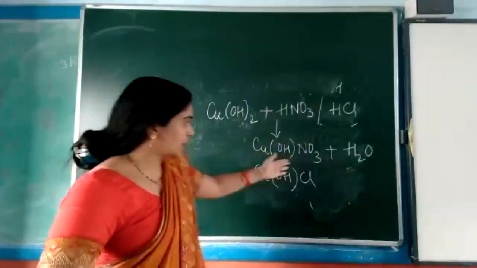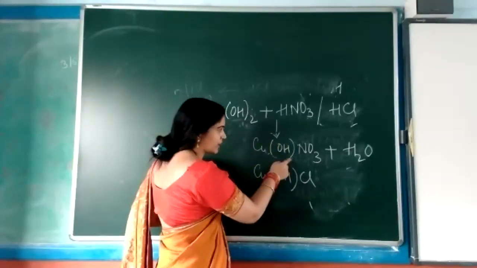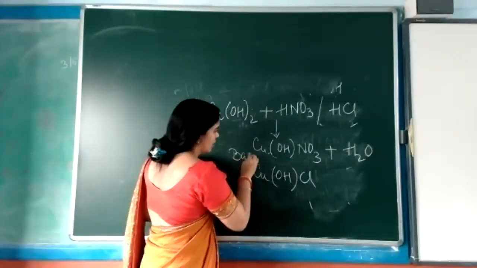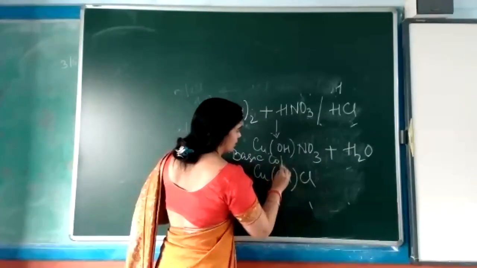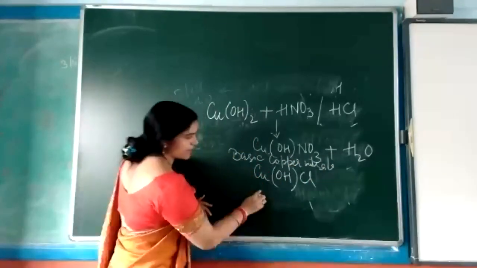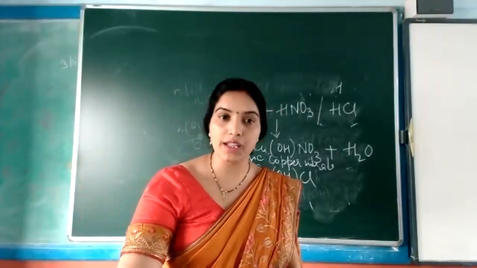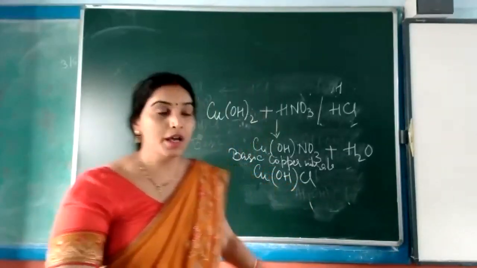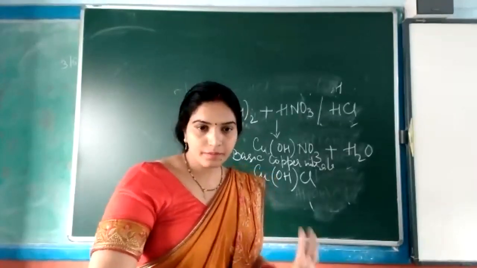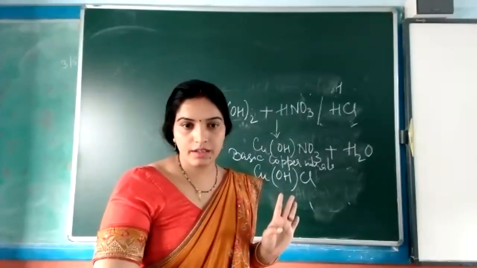Now the name of the salt: it contains hydroxyl ion in it, so for hydroxyl ion, that is basic medium, we'll write only basic copper nitrate. And for this, we'll write basic copper chloride. Clear? We will not use the term cuprous or cupric on the basis of valency because the medium is basic. Clear to everyone? This is all about your basic salt.